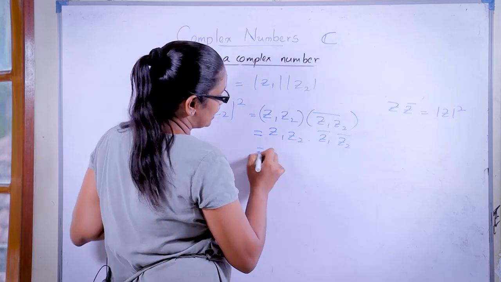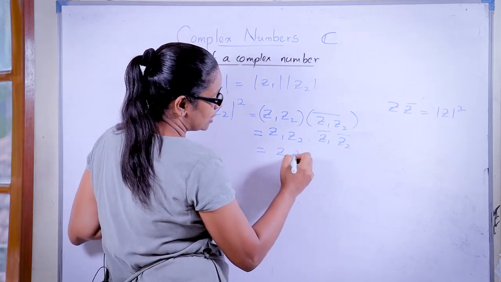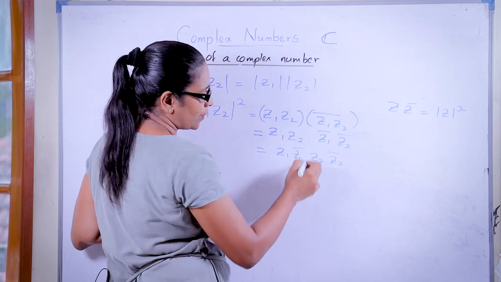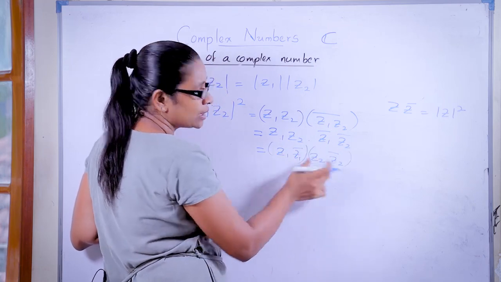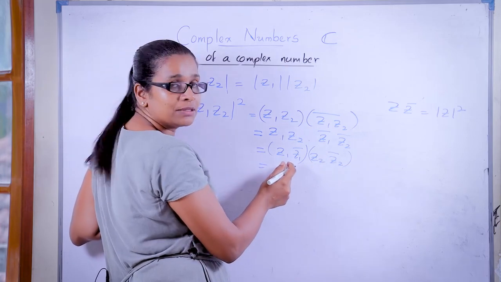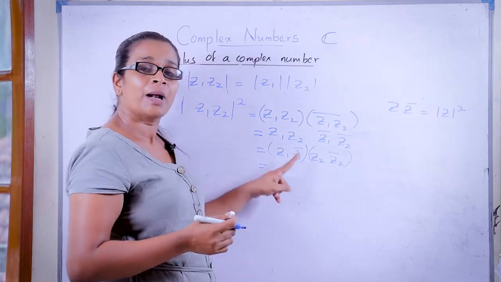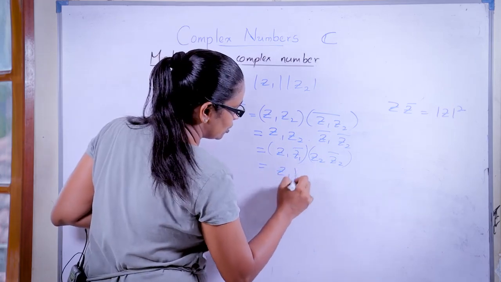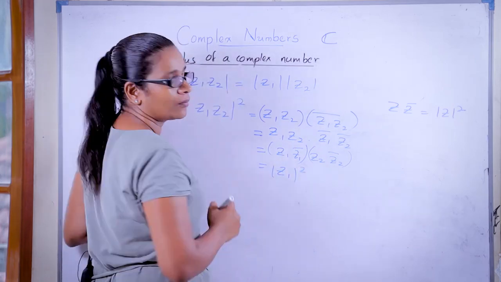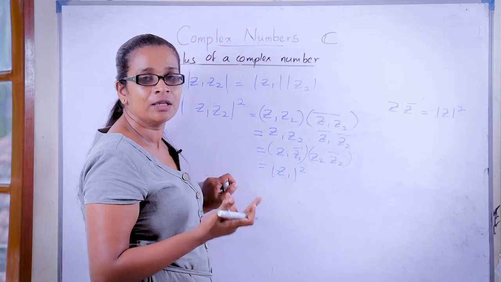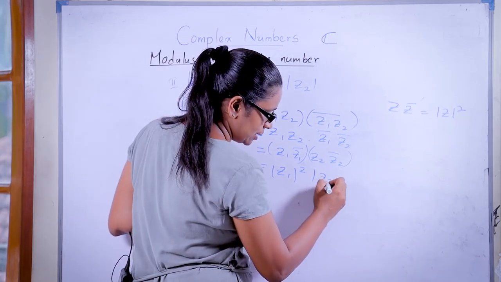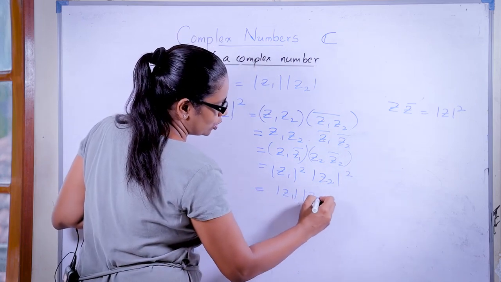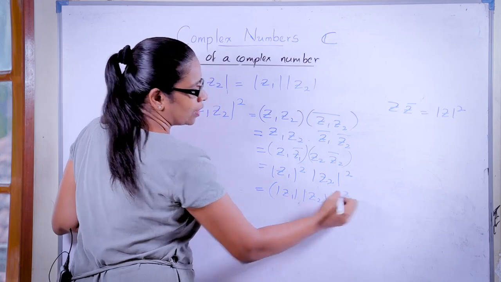Now look at here: z1 into z1 bar and z2 into z2 bar. I'm going to consider these two separately. What about this one? A complex number multiplied by its conjugate is equal to the square of the modulus, and this one is the modulus of z2 squared. So the modulus of z1 z2 squared equals the modulus of z1 squared times the modulus of z2 squared.